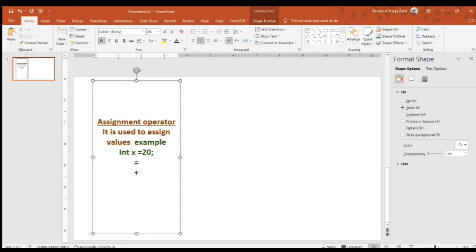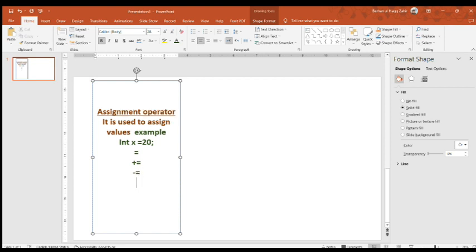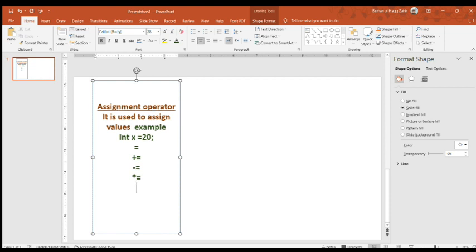So this is our assignment operator, and plus equal means that you first add and then you assign. A minus equal means first you subtract and then assign to the variable. Similarly multiply, and you have no need to do it with two different variables.